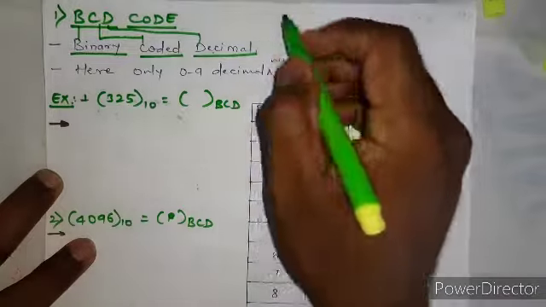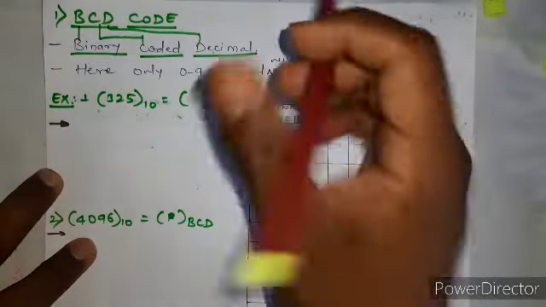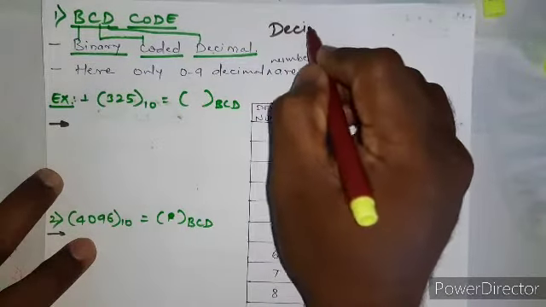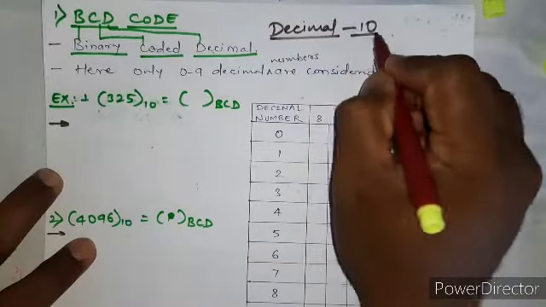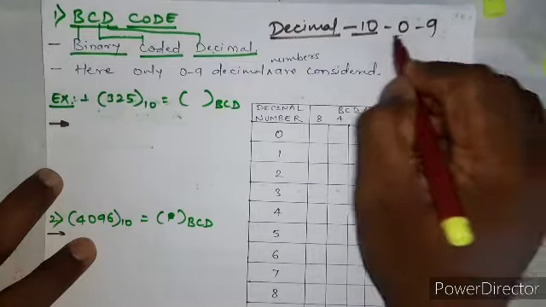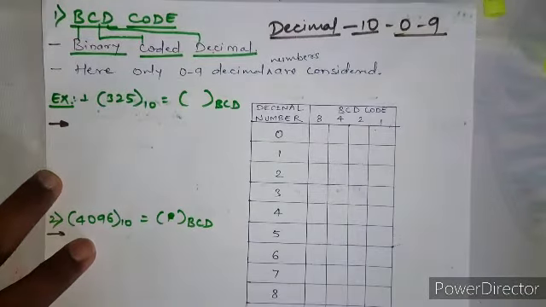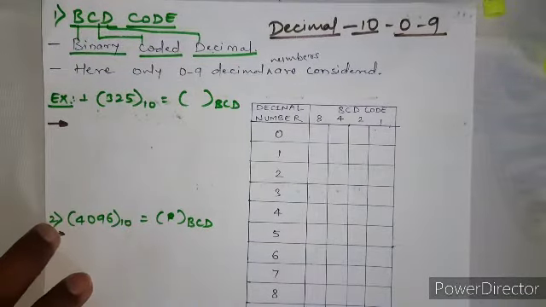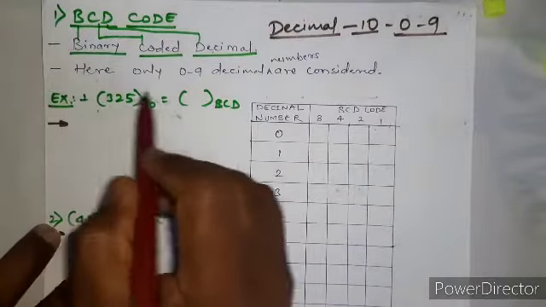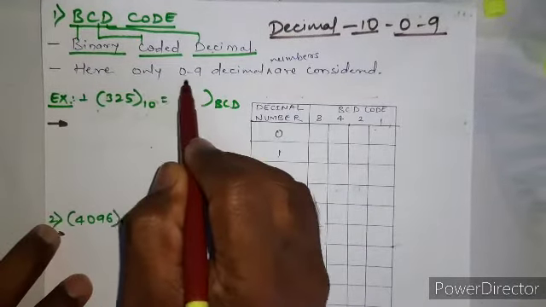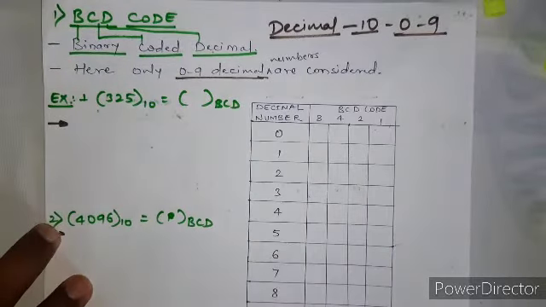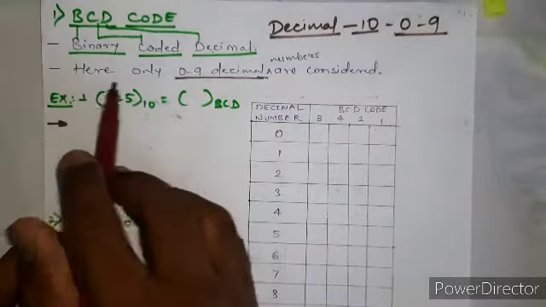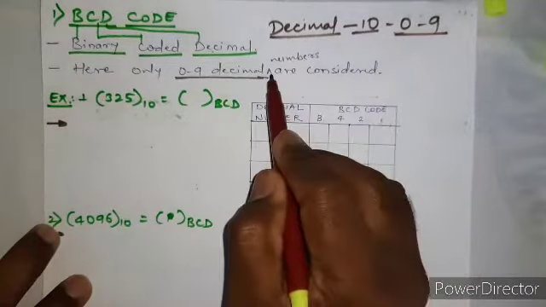Now we have seen the decimal number system, where the base is 10 and the symbols are 0 to 9. Here also for BCD we use only 0 to 9 decimal numbers.